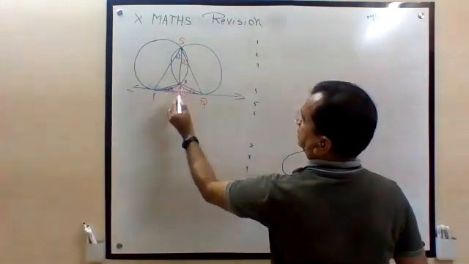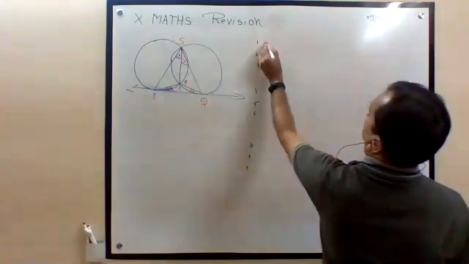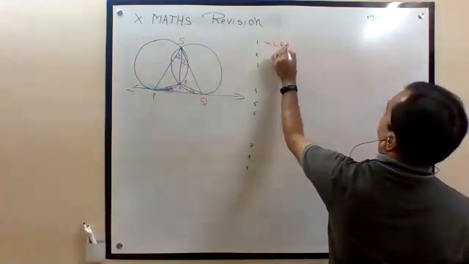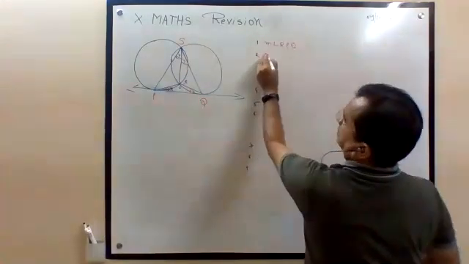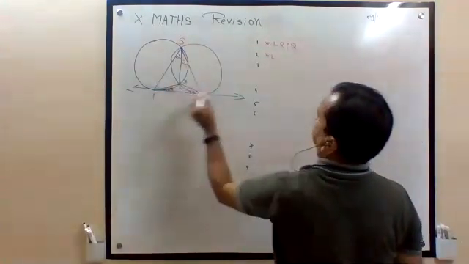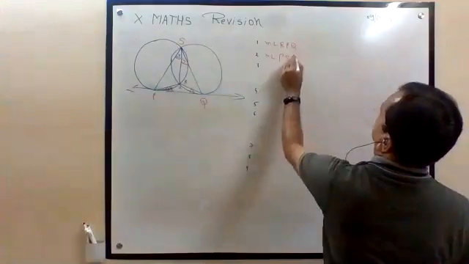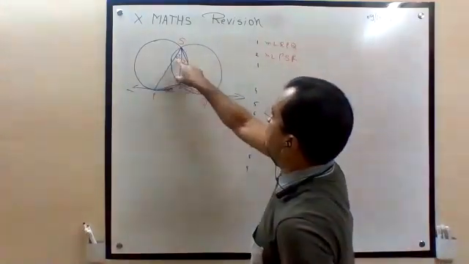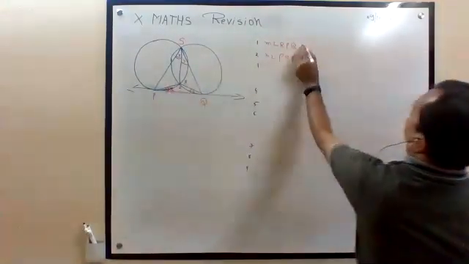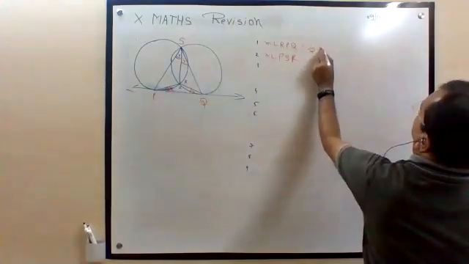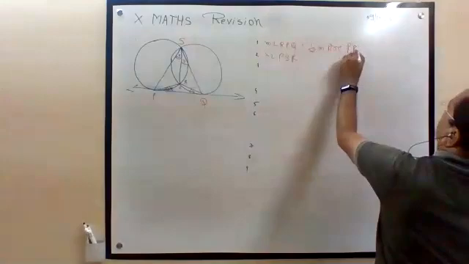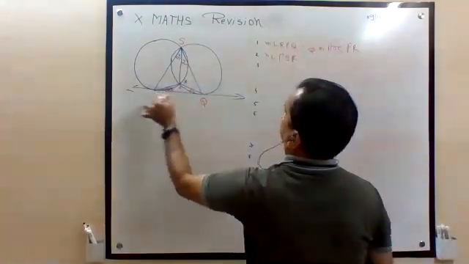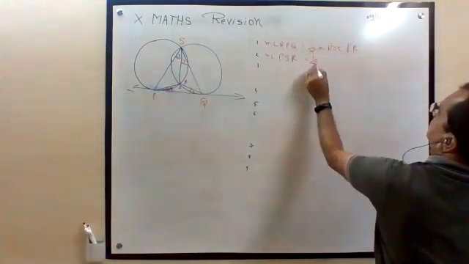This x I have written is measure angle RPQ. Lower one x, upper one x. Measure angle PSR. This and this are half of major arc PR.